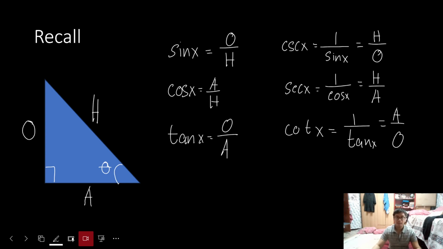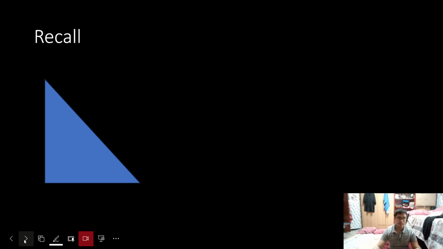But before that, let's include other things to discuss as well, right? So we have this one. First and foremost, let's say that we have a given angle, all right? However, the only given is its location, but not the exact value.